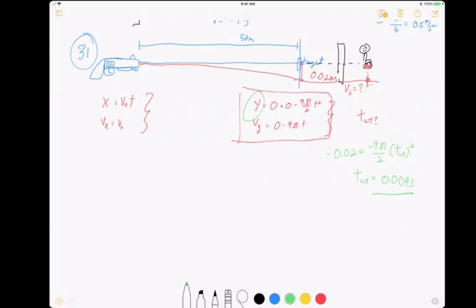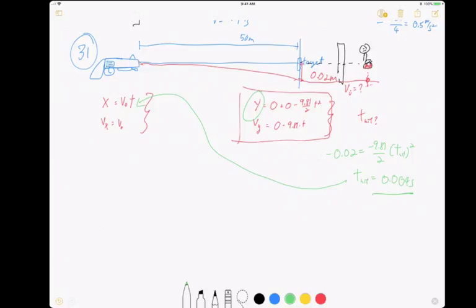And that's enough time, because you know that this information still plugs into this. The amount of time matches up, right?